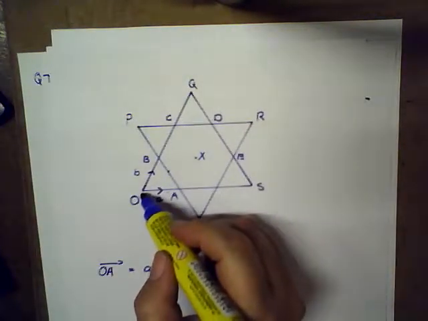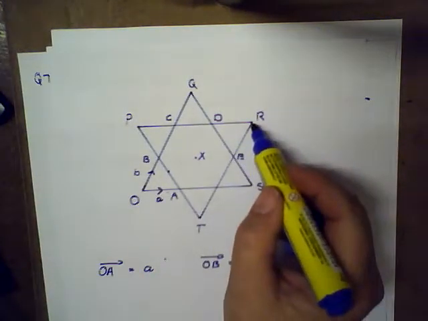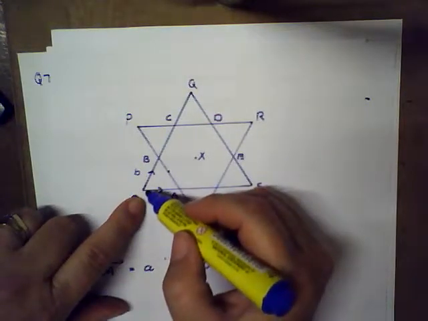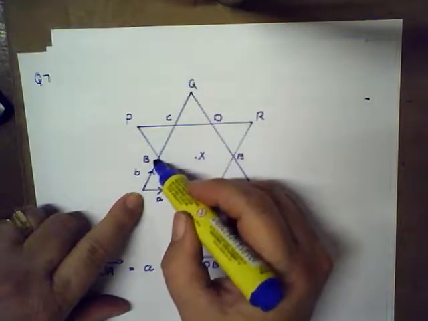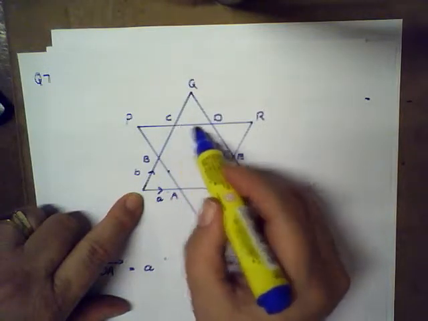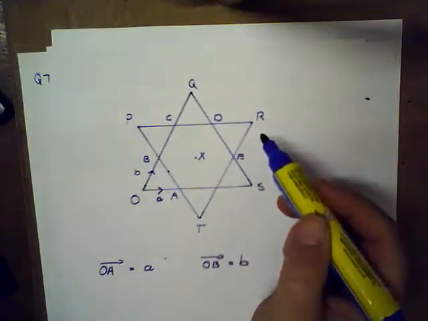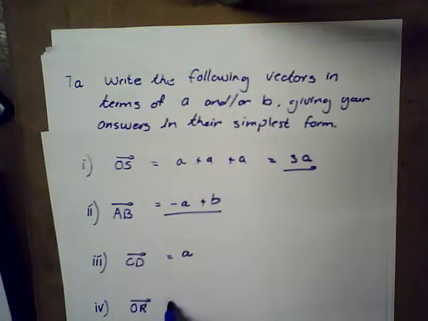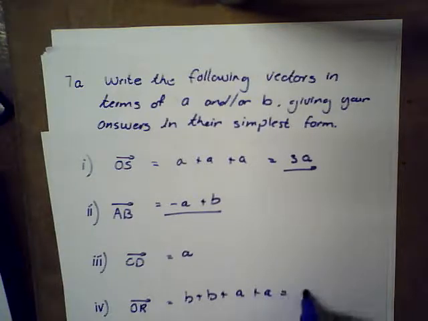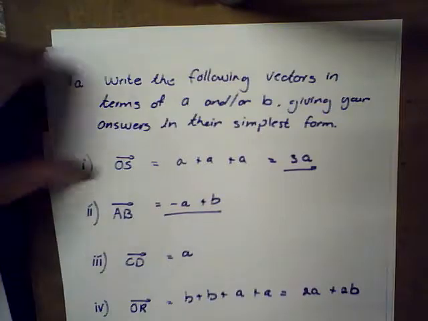So I'm going from O to R, and I need to travel a few roads. So OR would be B plus A plus A. That would give us 2A plus 2B in its simplest form.